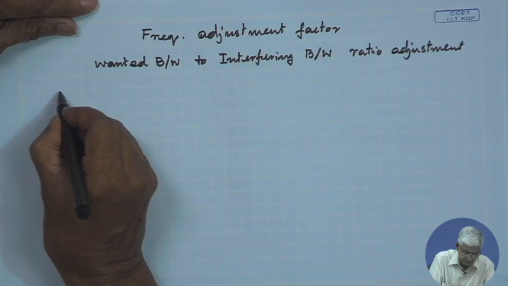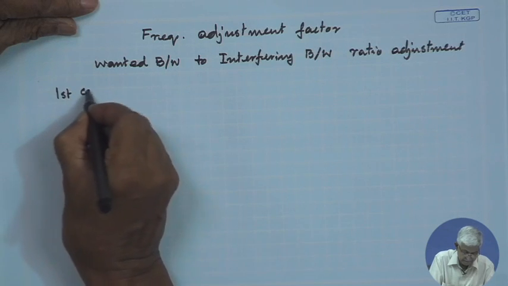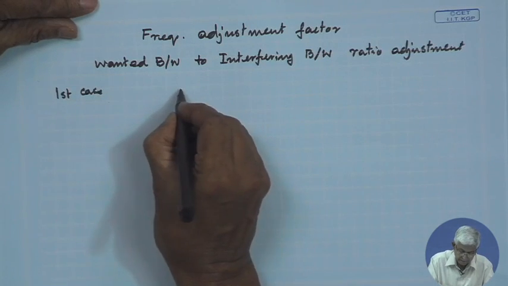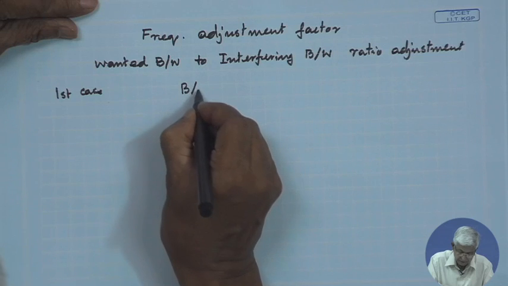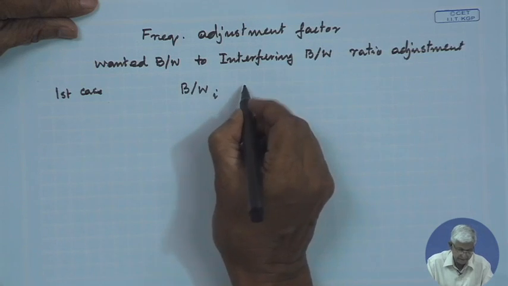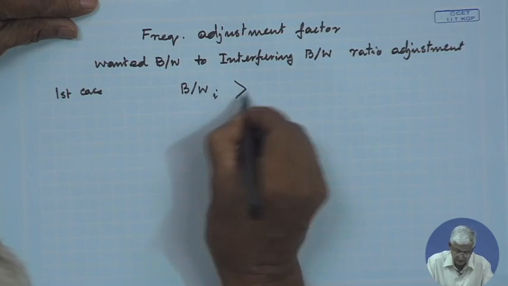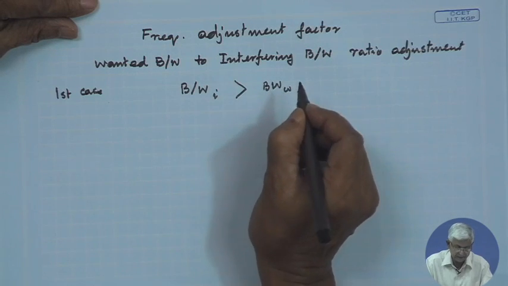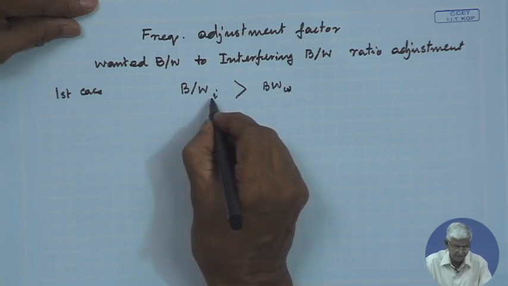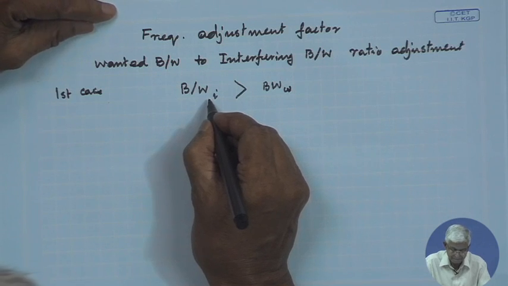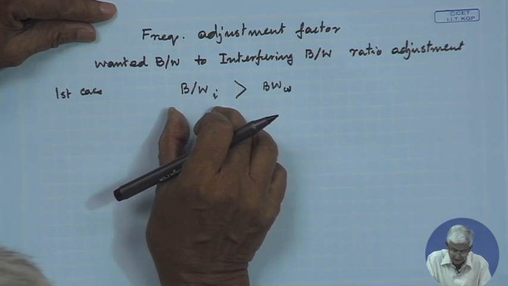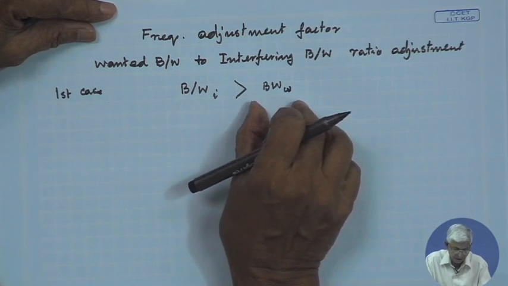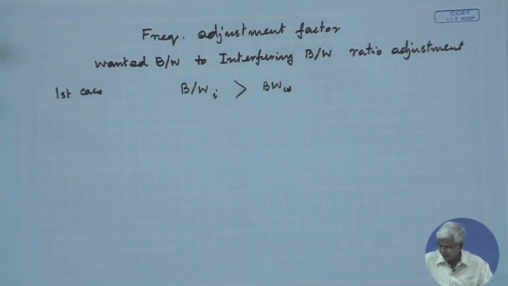So, let us take a case, first case, where that bandwidth which is interfering is larger than the bandwidth which is wanted. This W stands for wanted, I for interference. So, this is larger and it may fully overlap on that. So, let us draw it.